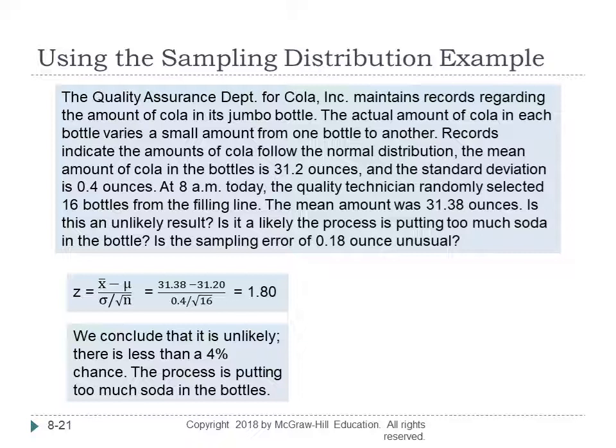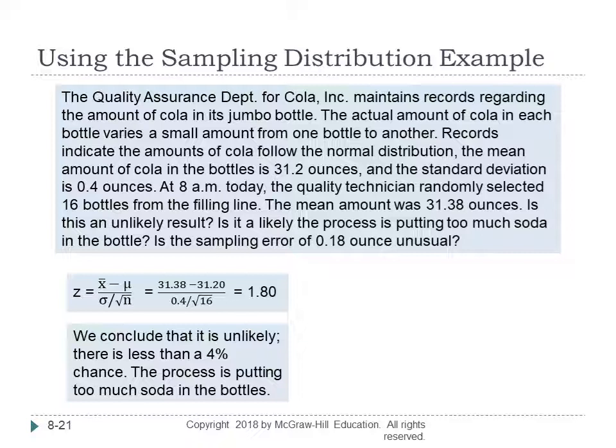Their records indicate that the amounts of cola follow the normal distribution. The mean amount of cola in the bottles is 31.2 ounces. The standard deviation is 0.4 ounce. Of course, you need those two numbers.